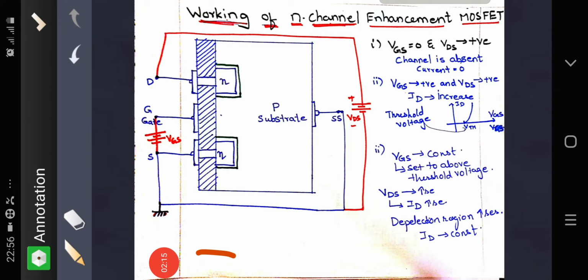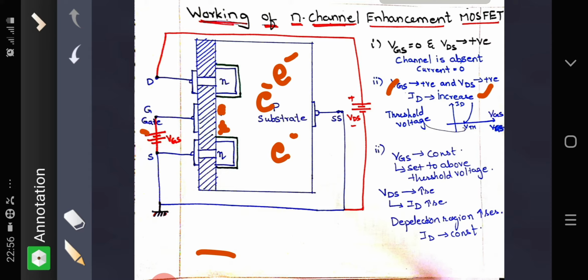Now let us understand the second case where VGS is positive and VDS is also positive. Electrons, which are minority charge carriers in the p substrate, get attracted towards the positive terminal of the gate and get accumulated here.